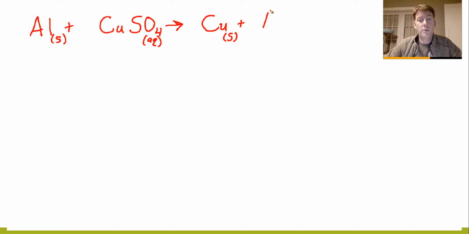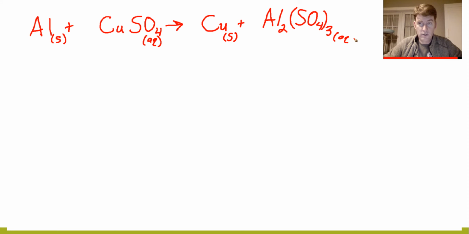get aluminum sulfate. Now aluminum is a +3 charge, sulfate is a -2, so we could build these up to 6. 2 aluminums would make +6, and 3 sulfates would make -6.